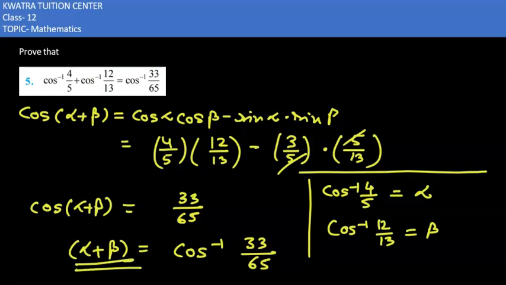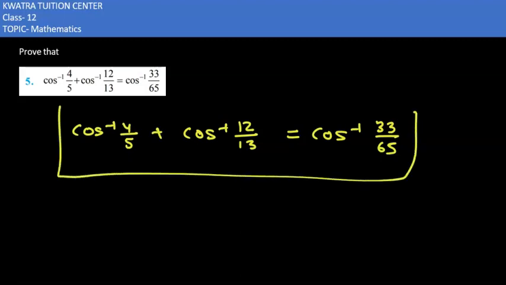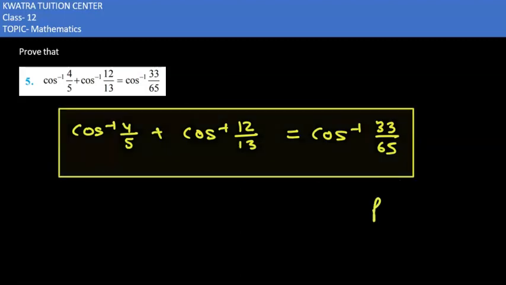So when we substitute these two values in place of alpha plus beta, alpha is cos inverse 4 by 5 added to beta, which is cos inverse 12 by 13, that is equal to cos inverse 33 by 65. So here is the proof of the given question.